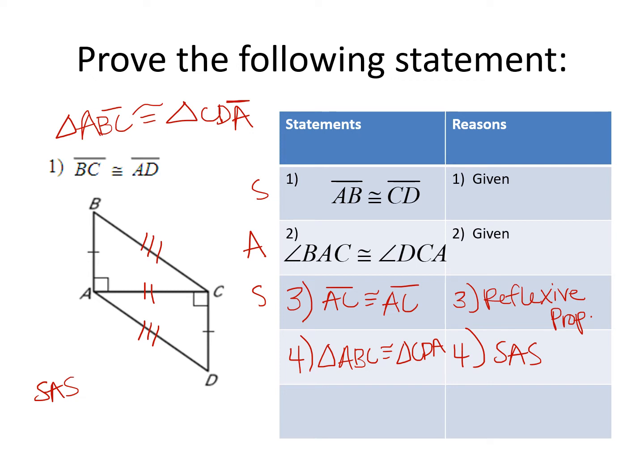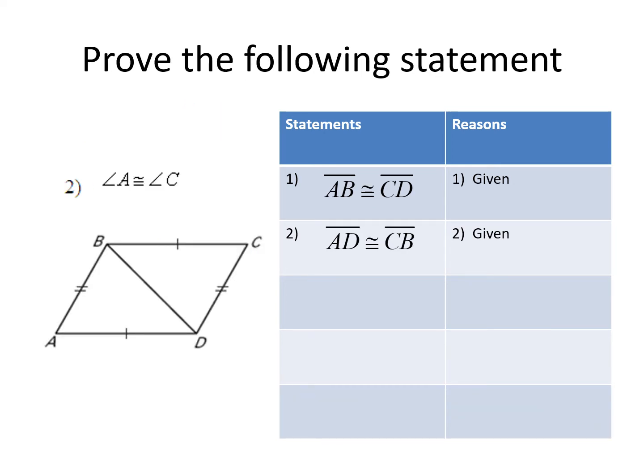So the reason I can say that they are congruent, now that I've proven my triangles are congruent by SAS, is simply the fact that they're corresponding parts, so by CPCTC. Strictly because they are corresponding parts of my triangles, I can say that they're congruent because I proved the triangles themselves are congruent.